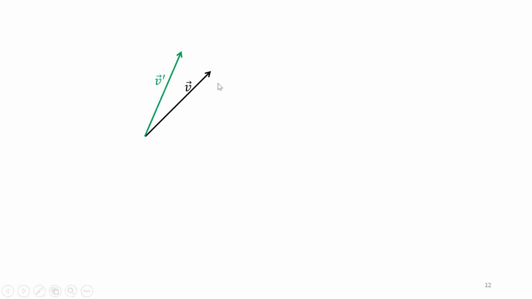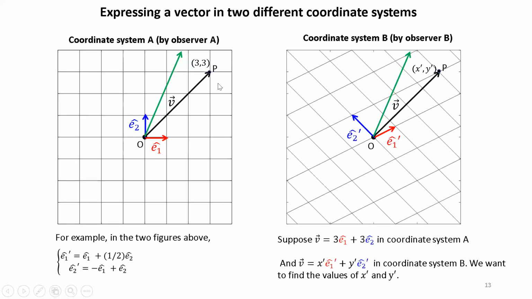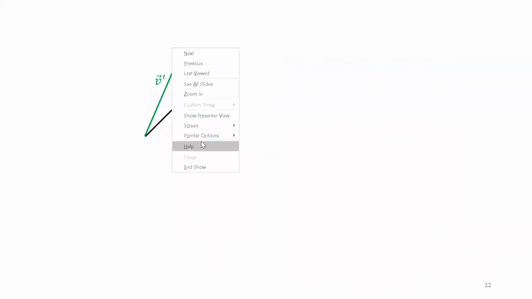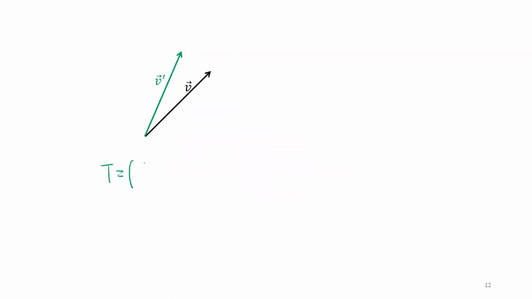If you are going to use the usual Cartesian coordinate system that we have, you know that this transformation can be written as this. So this is theta.